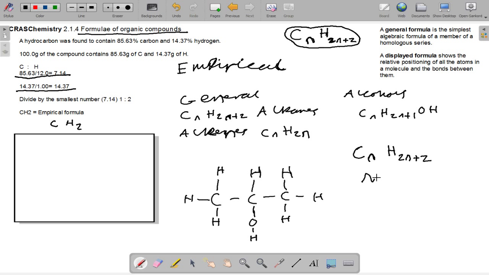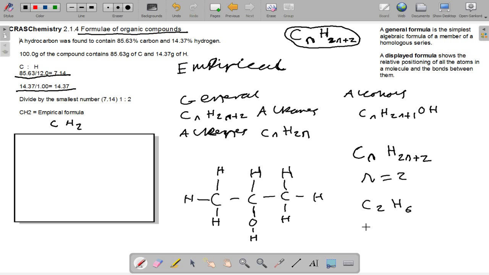And if we substitute n equals 1 into the formula, we will have 1 carbon, and then 2 times 1 plus 2, meaning this will make CH4 when you simplify it. And then if we substitute n equals 2 into it, C2H6.